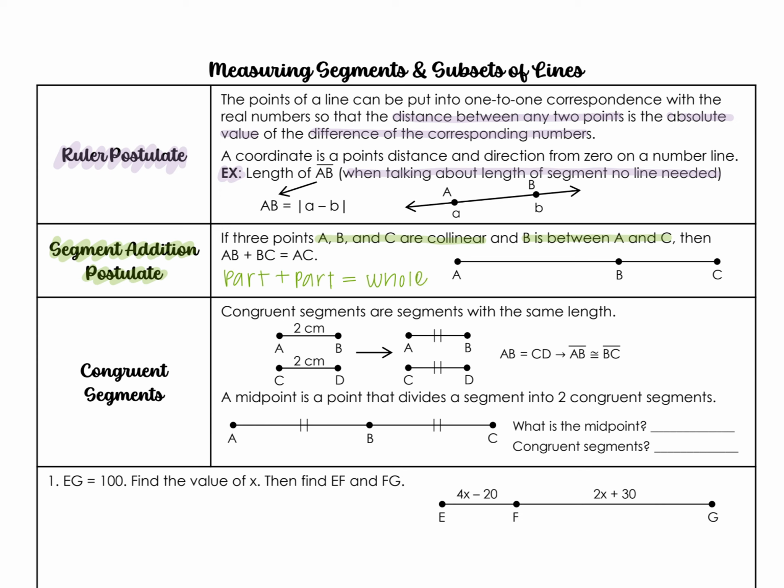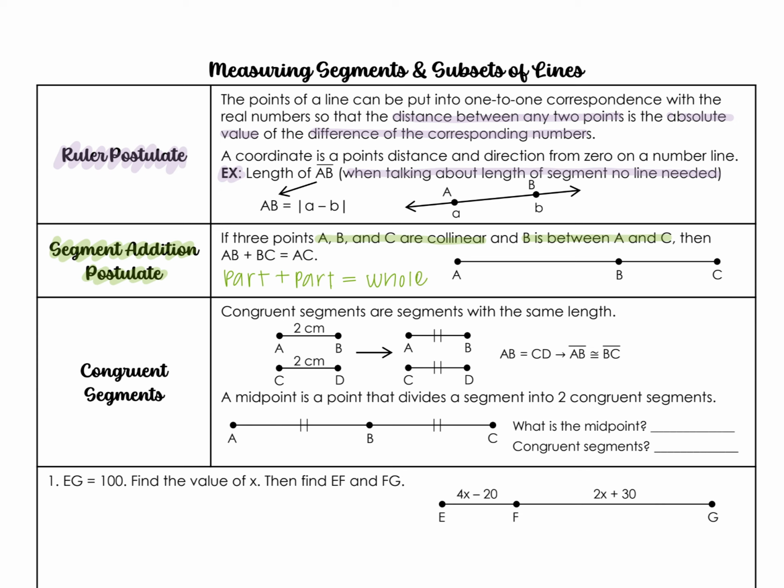Okay, and the picture off to the side here next to what I was writing is just showing that since these two segments, AB and CD, were given to be 2 centimeters each, we can say that they are equal, they are congruent to each other. The way you show segments to be congruent is by those dashes, and when you have different amounts of dashes, you would just pair up the ones with the same amount.